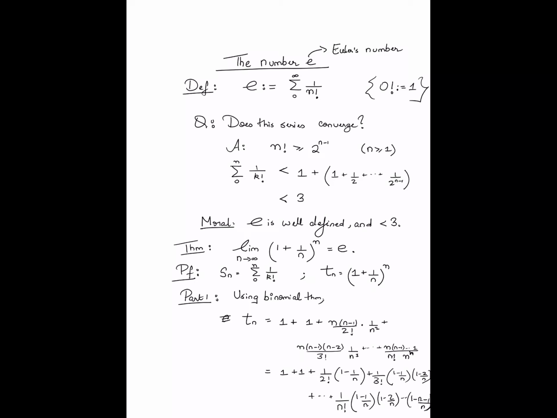So if I upper bound each of these factors by 1, then I end up with 1 plus 1 plus 1 by 2 factorial plus 1 by 3 factorial all the way up to 1 by n factorial, which is in fact exactly the same as S_n. What we have shown really in this calculation is that T_n is in fact upper bounded by S_n. Alright? So that's our first conclusion.